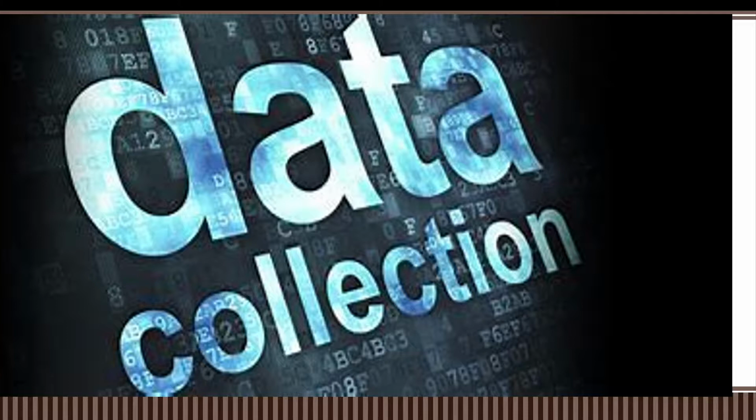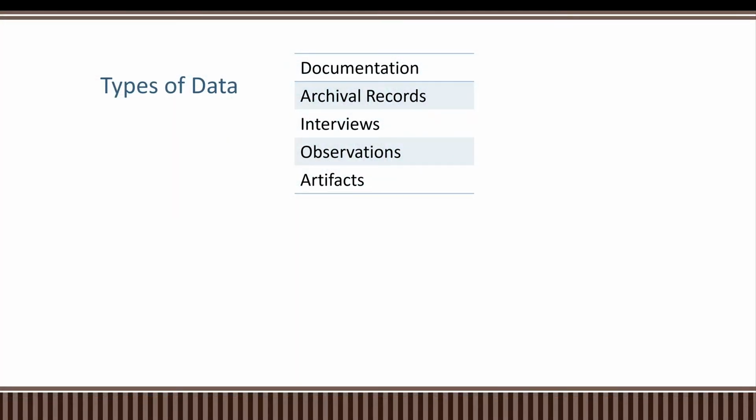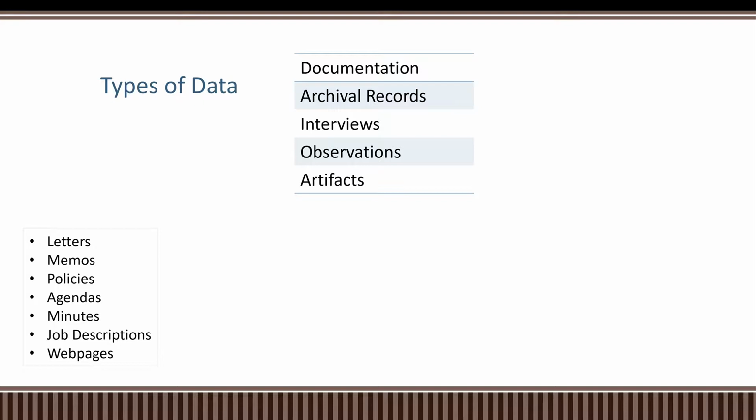Let's look at these a little bit closer. So documentation. You might be able to look at letters, memos, policies within an organization, maybe personnel policy, agendas from important meetings, and perhaps technology meeting minutes, maybe job descriptions.